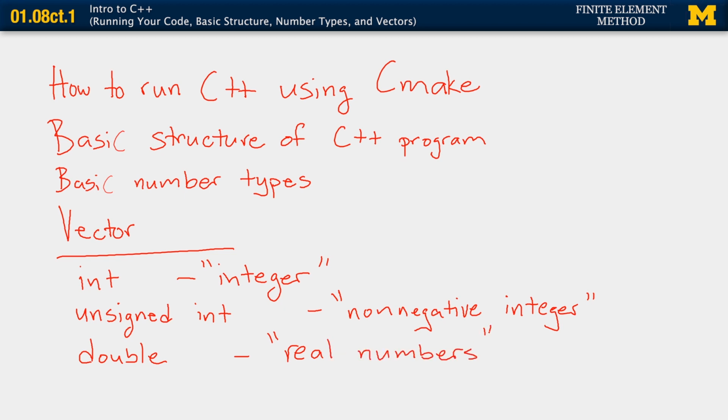And I'm not going to get into the specifics of how it's storing these numbers. I will explain, though, that it's called a double because there's actually another number type called a float, which also stores real numbers.